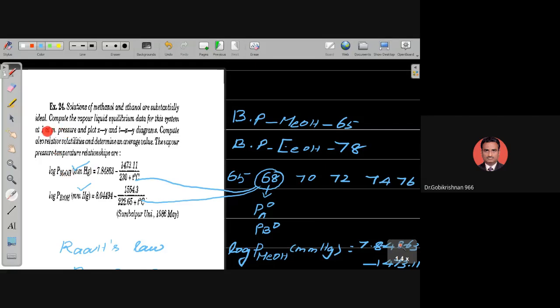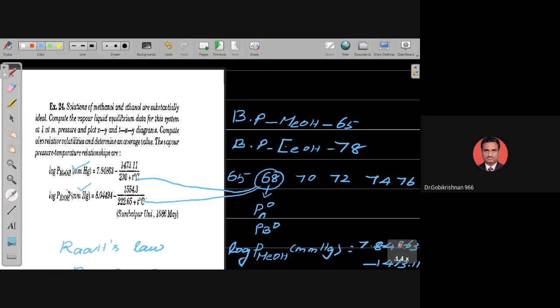Here the atmospheric pressure is 1 atmosphere, isn't it? That 1 atmosphere you have to change into mmHg because the expression involves mmHg only. Substitute 760 mm of mercury here, rearrange and find the temperature. That boiling point we found as 68 degrees. Sorry, not 68, 65 degrees we found out.